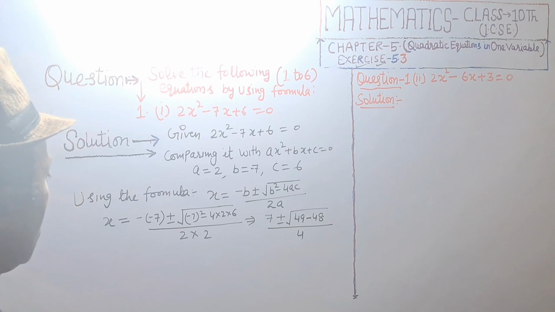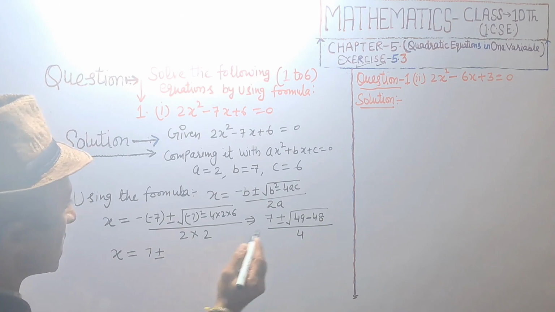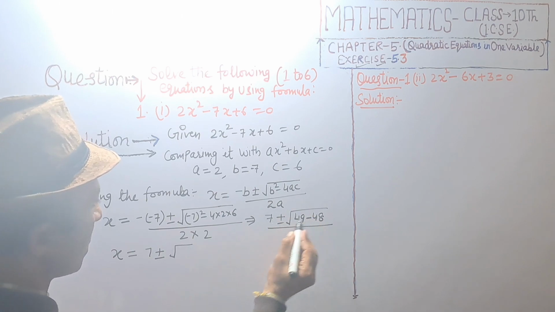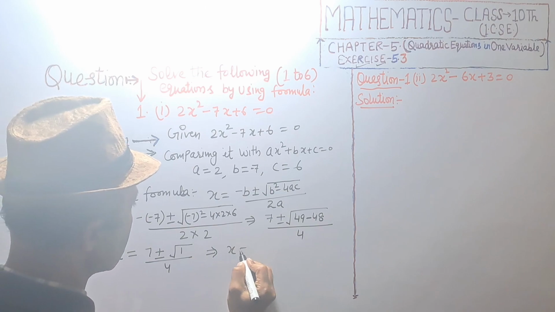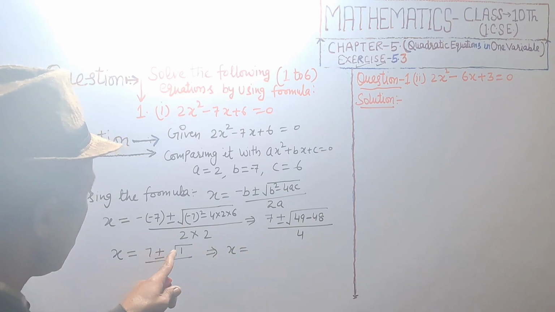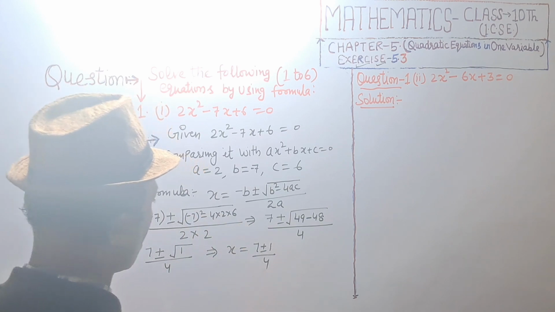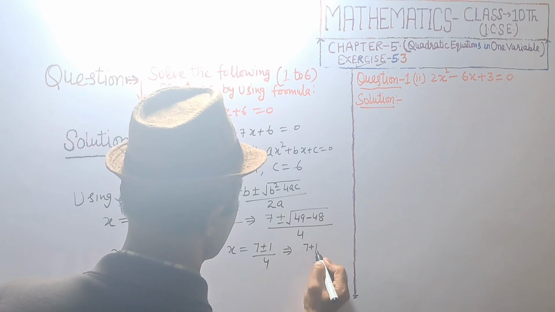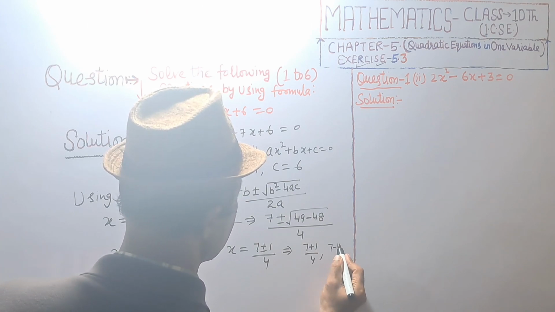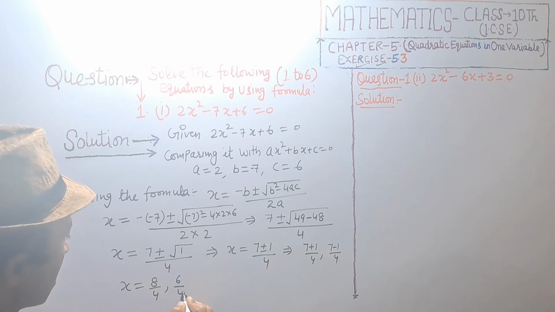4, and x is equal to 7 plus minus 49 minus 48, that is equal to 1, divided by 4, which implies x is equal to 7, root 1 is 1, 7 plus minus 1 upon 4, implies 7 plus 1 upon 4 comma 7 minus 1 upon 4. x is equal to 8 upon 4 comma 6 upon 4.